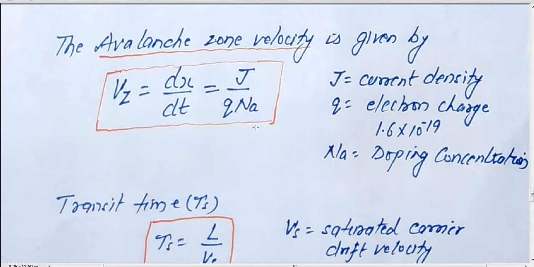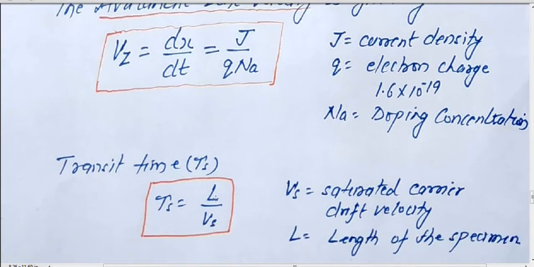The avalanche zone, or avalanche shock front, will quickly sweep across most of the diode, and the transit time of the carrier is given by this formula: tau s equals L over Vs, where L is the length of the specimen and Vs is the saturated carrier drift velocity.